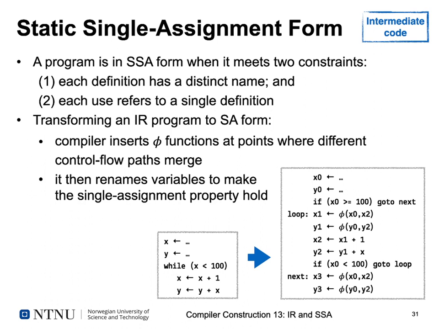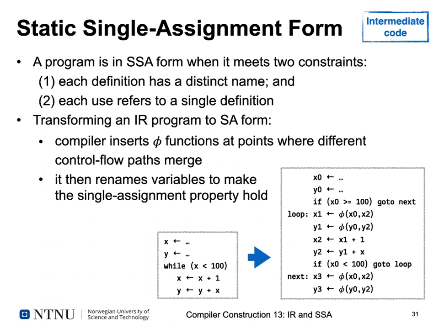So our intermediate representation would look like this. We first assign x0 and y0. These are the first instances of our variables x and y. Then we have to check if x0 is larger or equal than 100. If so, we jump over the body of our loop.